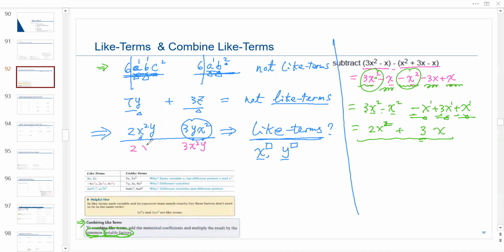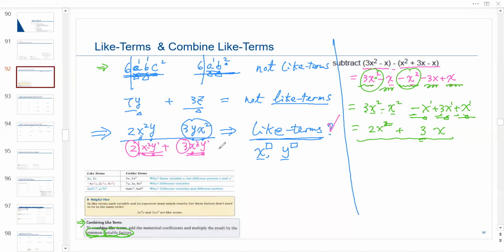So actually, let's rewrite this part so you can easily judge whether they are like terms or not. The variables are the same, the exponents the same. The second variable is the same, the second exponent also the same. So other than the coefficient part, the rest is the same. So they are like terms.